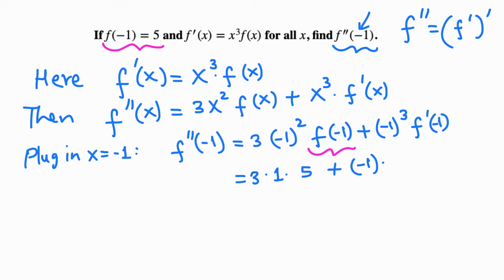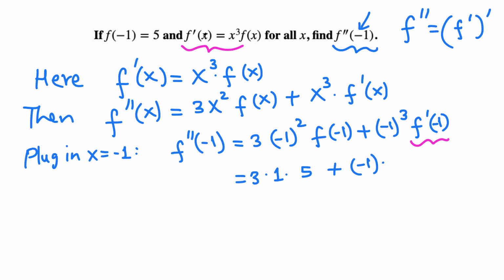Now here is a little bit of a problem. We know that f prime of x equals x cubed times f of x, but here we got f prime of negative 1, and this is true for all x. So to find f prime of negative 1, we need to plug in x equals negative 1. So this one is evaluated from this, replacing x by negative 1.